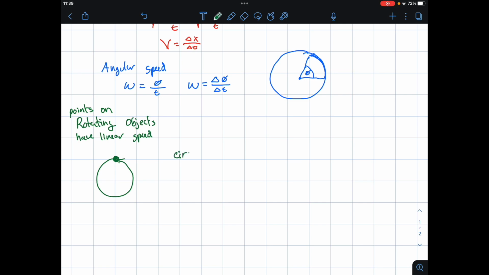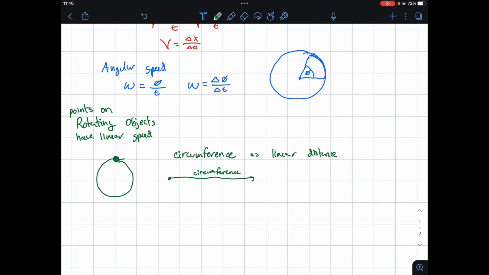The way we think about that is the circumference of the circle being rotated is like our linear distance. I like to imagine we unwrap our circumference, and it gets turned into linear distance. So the linear distance we cover is how much we go around this circumference.